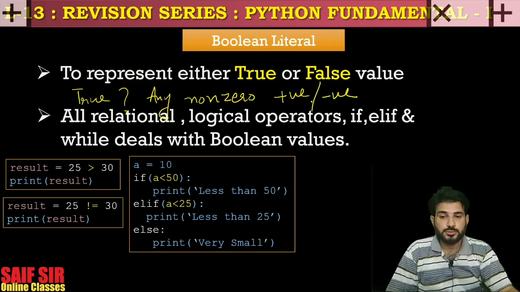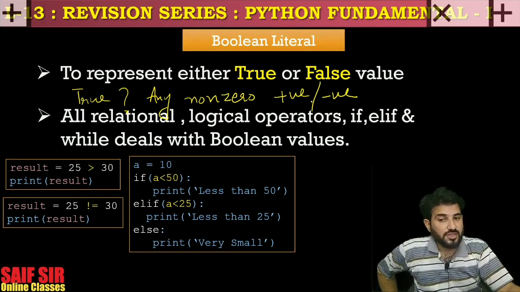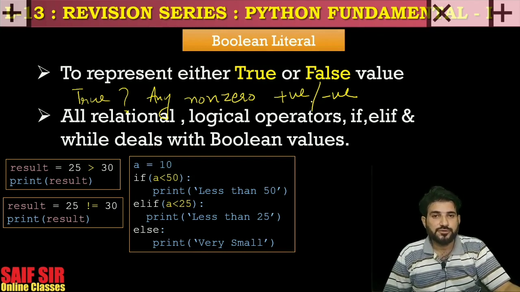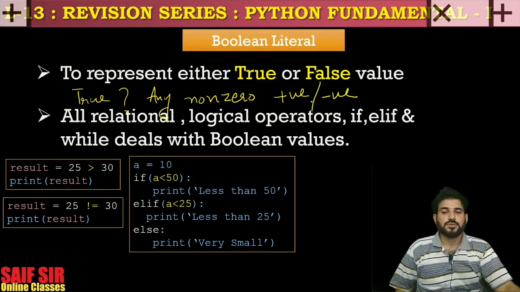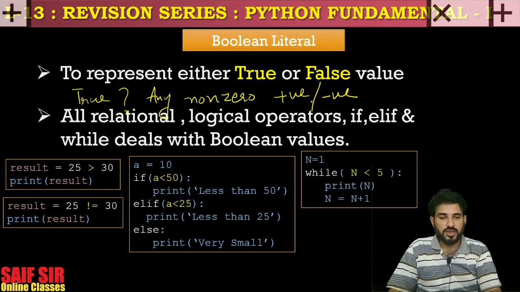So here, instead of writing a is less than 50, if I write only 50, then 50 is not literally true or false, but as I have just said, true is any non-zero value. So 50 will be treated as true. And look at this example of a while condition.